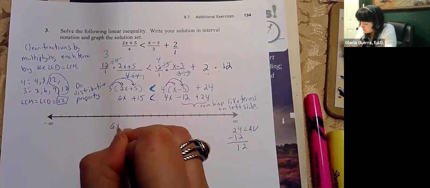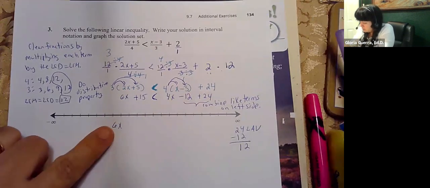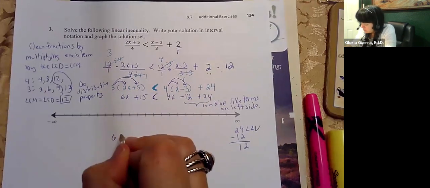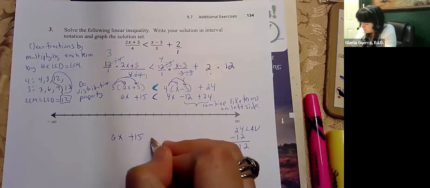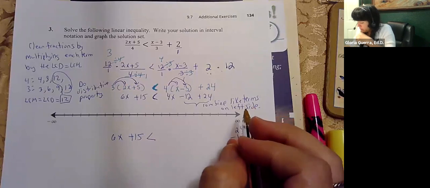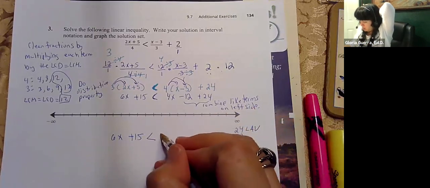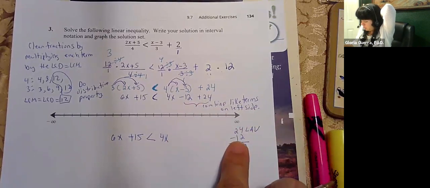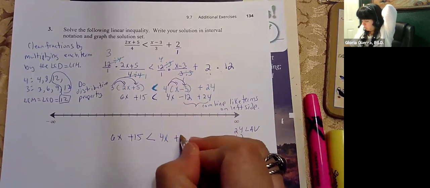So we have 6x plus 15 is less than or equal to 4x plus 12, since negative 12 plus 24 is a positive 12.